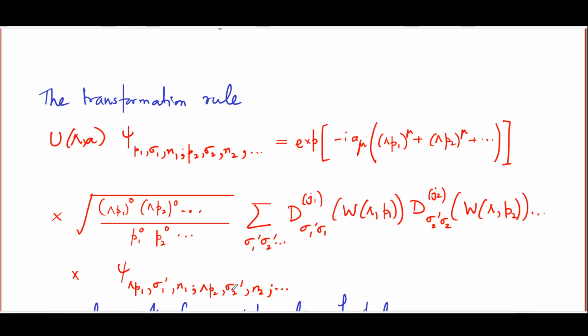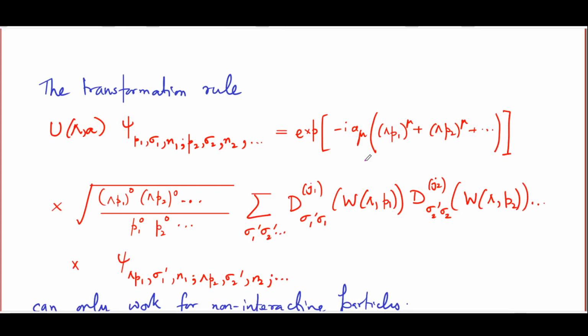You will just have σ1, σ2 on this side as well, and p1, p2, etc. But the important thing is, these Λp's will also be the same as the original p's. So because only a_0 is non-zero, and a_0 is minus τ, we get e^(iτ(p1^0 + p2^0 + p3^0 + ...)).